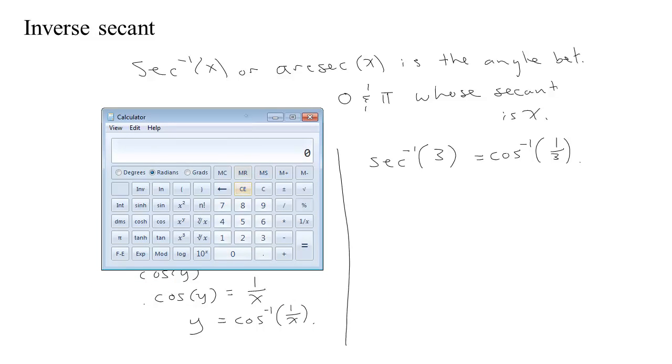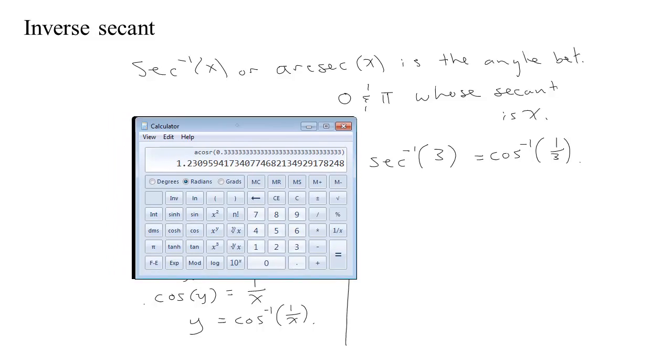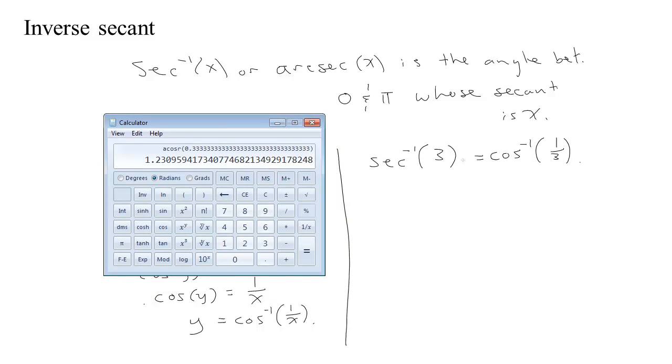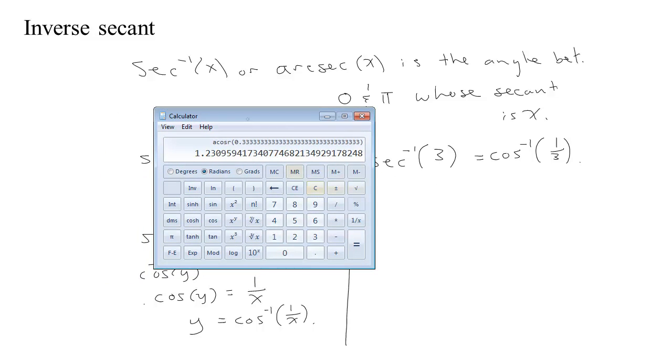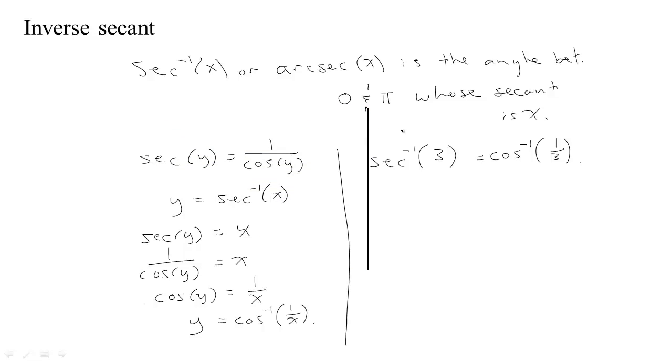If I take 1 divided by 3, there's 1/3, and now I'll take the inverse cosine of that. I'm in radian mode, and so I get this angle in radians, 1.23. Now if that's right, the secant of that angle should be 3, which means that the cosine should be 1/3. So if you just take the cosine there, you get 1/3, and the reciprocal of that is back to 3. So that must be the correct angle.